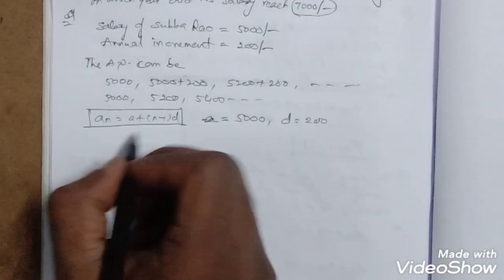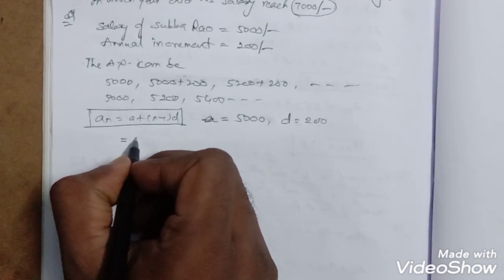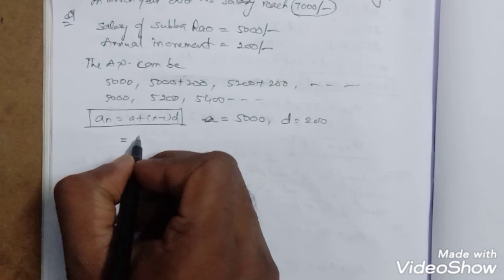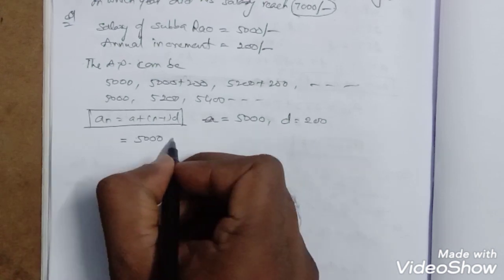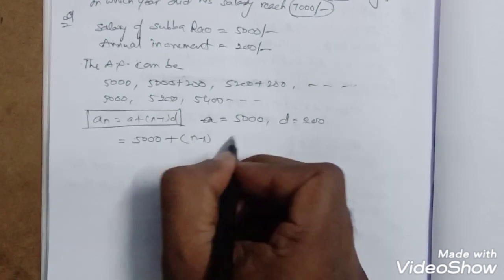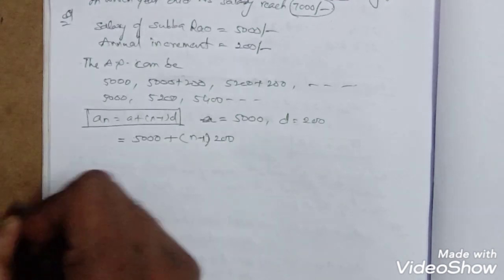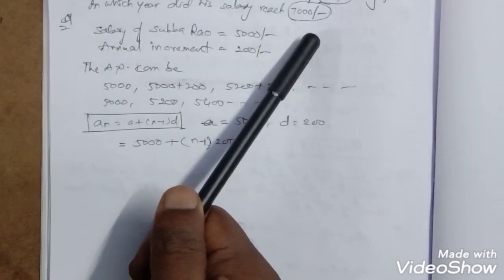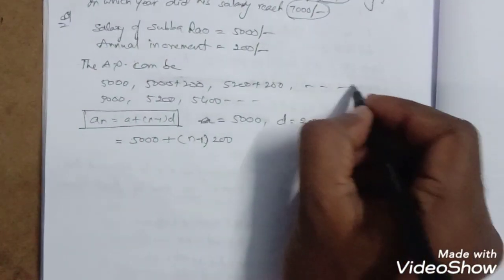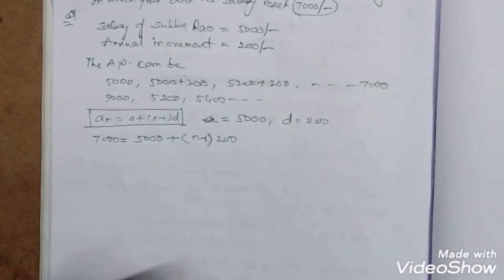Then substitute in your formula: 5000 plus n minus 1 into 200 rupees. Here an is given as 7000 rupees, so in the place of an I am writing 7000.